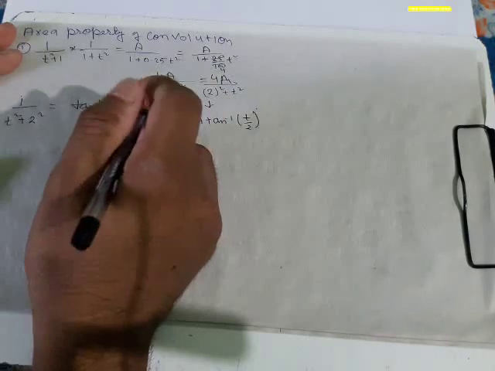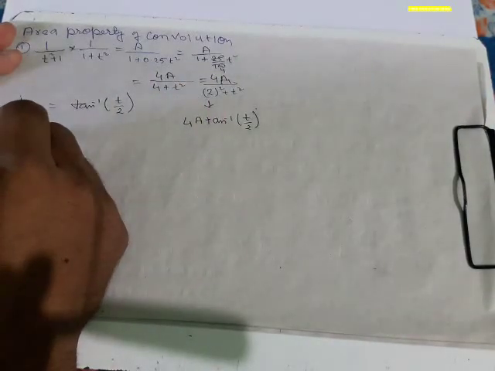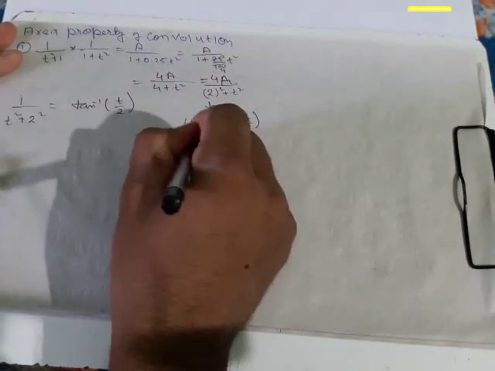So this is nothing but the area now. So we can represent here 4a by, we can write it as 1 by a, so it is x square plus a square, where a is 2 actually. So 1 by 2 into 4a tan inverse of t by 2.